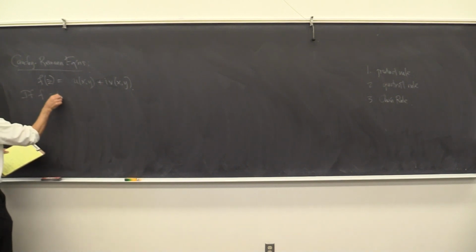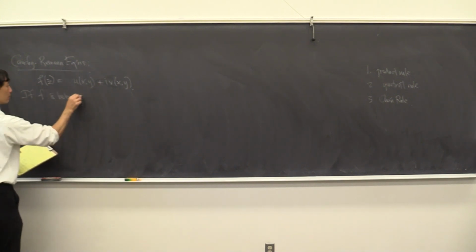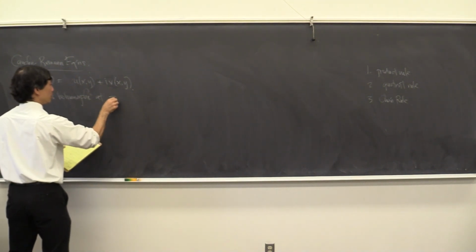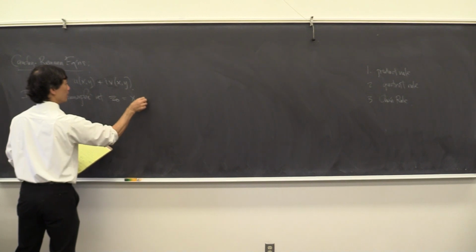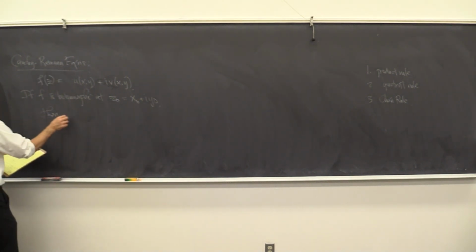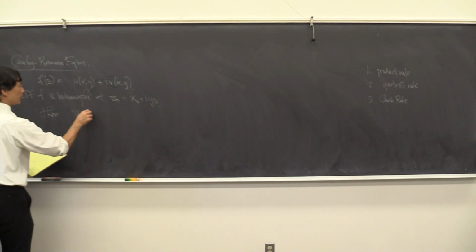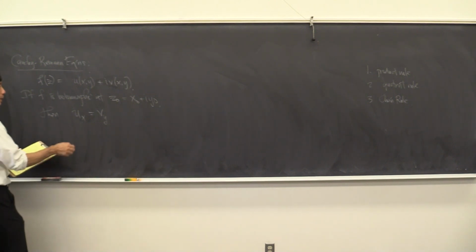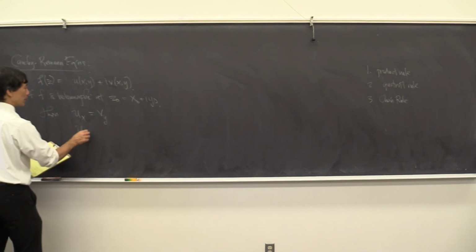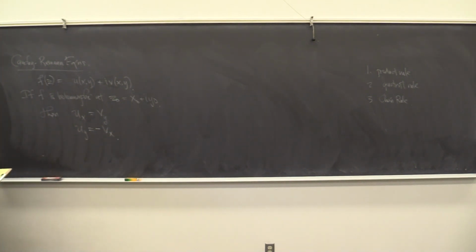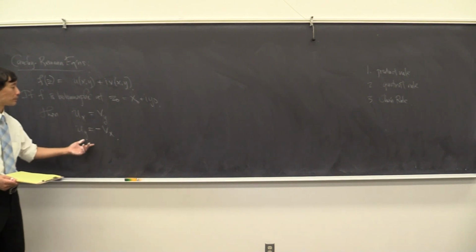If f is holomorphic at some point z naught being x naught plus i y naught, then it turns out that the partial of u with respect to x is the partial of v with respect to y. The partial of u with respect to y is negative the partial of v with respect to x. Okay, so it has to satisfy this.